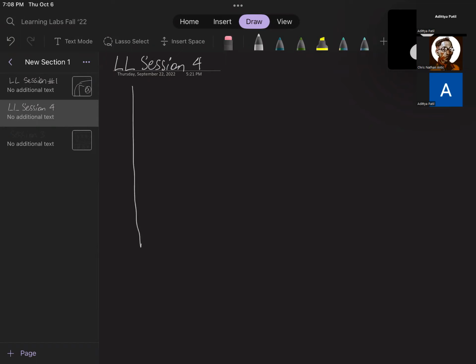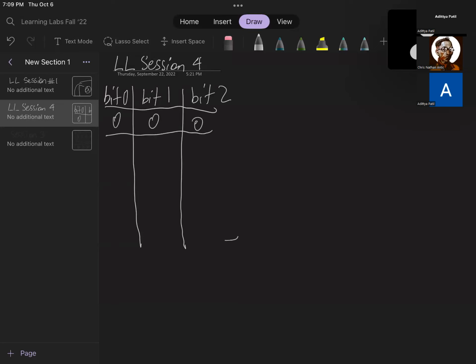We have bit 0, bit 1, and bit 2. We have 0, 0, 0, 0, 0, 1, 0, 1, 0.